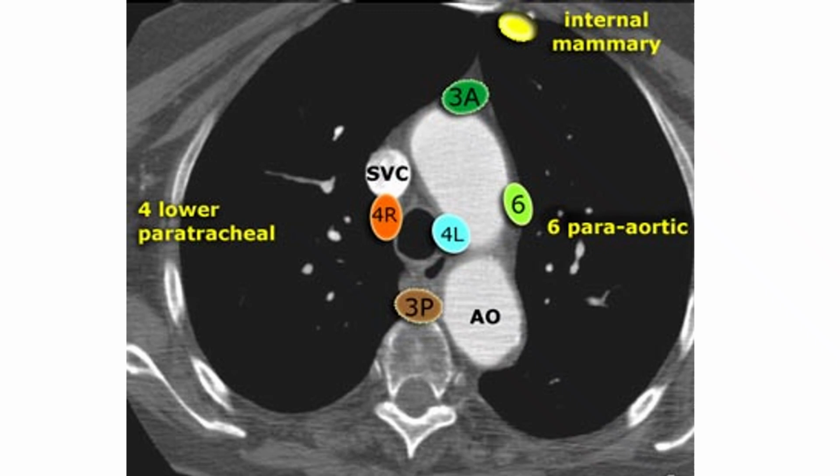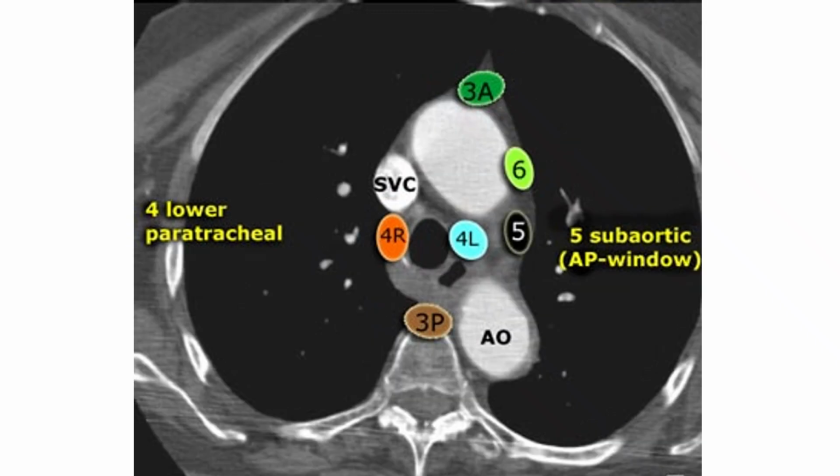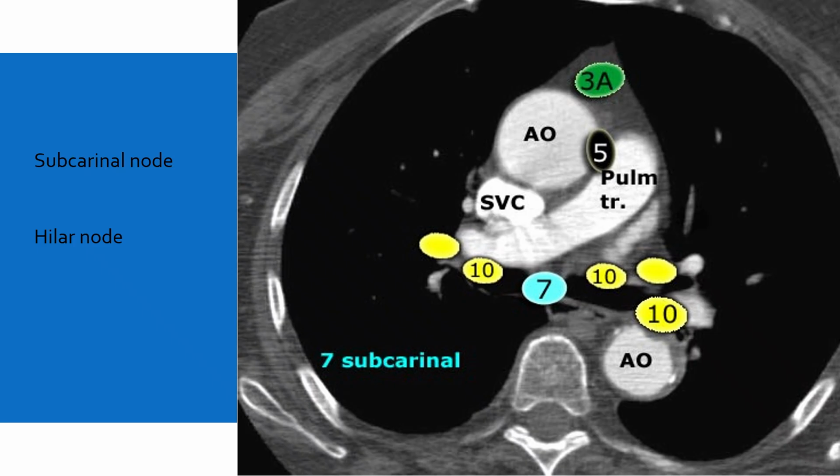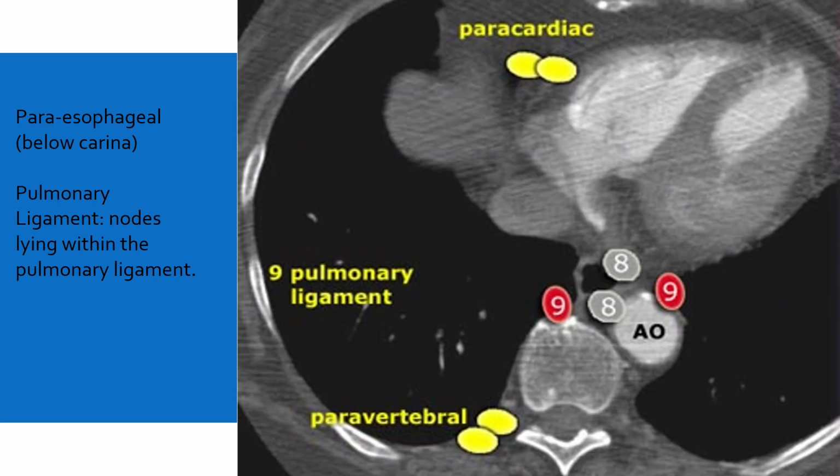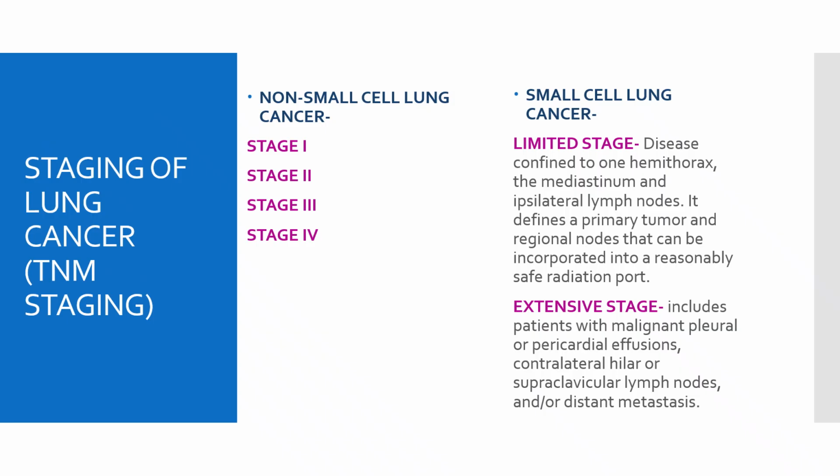In this section, we see the subaortic node as well. Section which shows subaortic node and the paraesophageal nodes. Then we have the subcarinal and the hilar lymph nodes. And this has pulmonary ligament nodes and the paraesophageal nodes again.